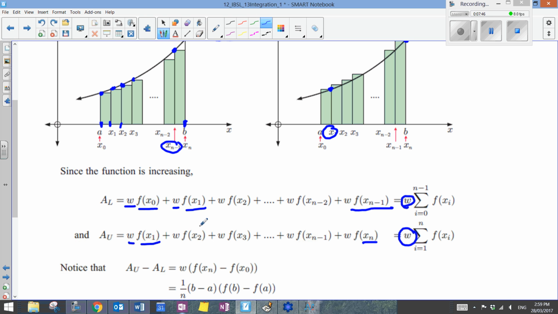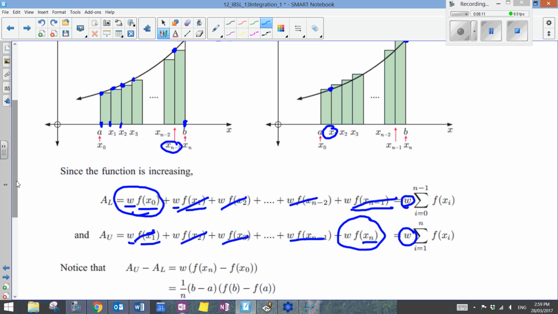So if I wound up subtracting the area of the upper minus the area of the lower, everything would cancel out because it would be the width times the function value at x sub 1, which would cancel out with this one, and then x sub 2 and x sub 3, all of them would cancel out, even the x sub n minus 1, except for that last term evaluated at x sub n, and this first term evaluated at x sub 0.